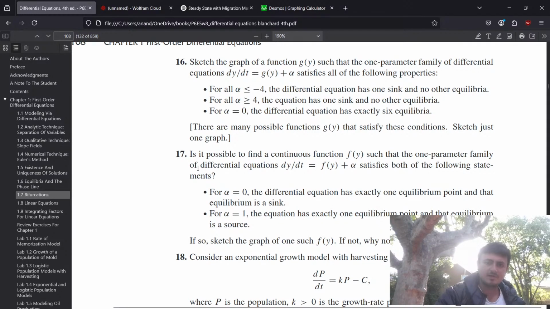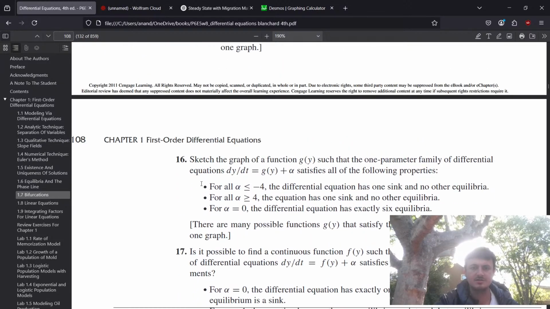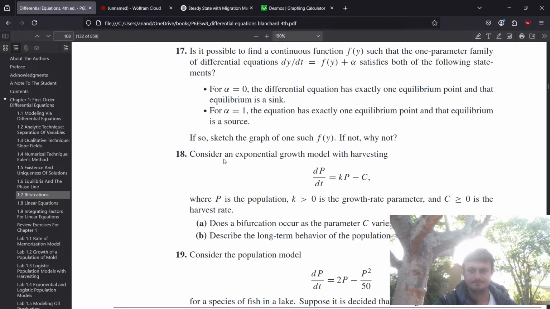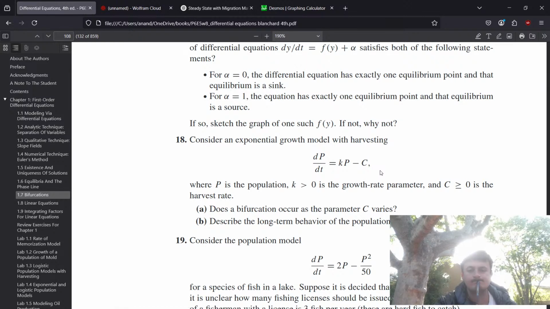All right. Is it possible to find a continuous function? Okay, so these are like the satisfaction problems. That's pretty good.